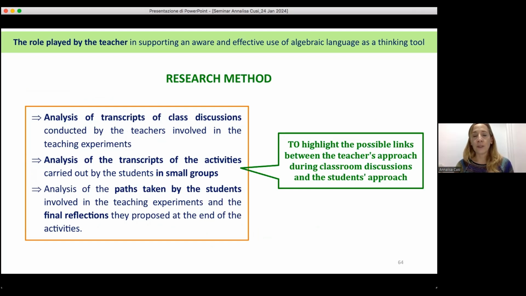I transcribed all the discussions, and so the data that were analyzed were the transcripts of classroom discussions, the transcripts of the activities of students working in small groups, and the path taken by the students, also the final reflections that each student wrote at the end of the teaching experiments, to highlight possible links between the approach adopted by the teacher during classroom discussions and the students' approach when working in small groups or individually, for example, facing the last test proposed to them at the end of the path.